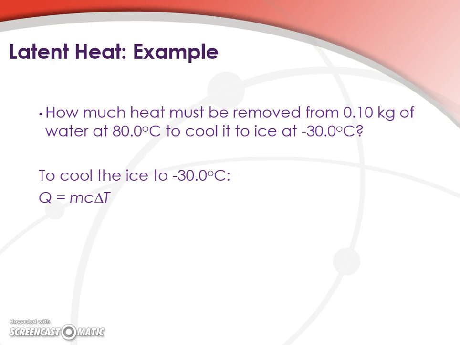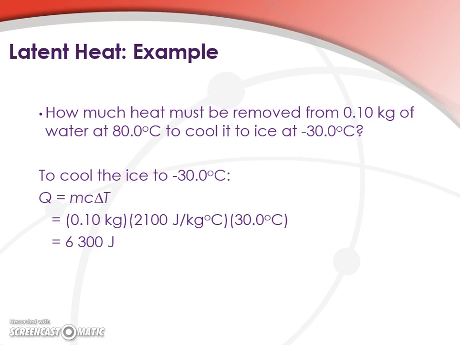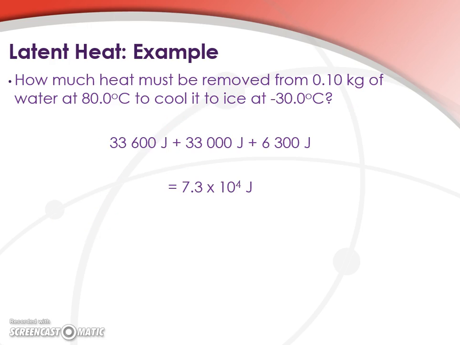Well, we know how to do that as well. The heat capacity of ice times the mass times delta T. And we get 6.3 times 10 to the 3 joules. And all we have to do then is just add these numbers up. And we get 7.3 times 10 to the 4 joules.